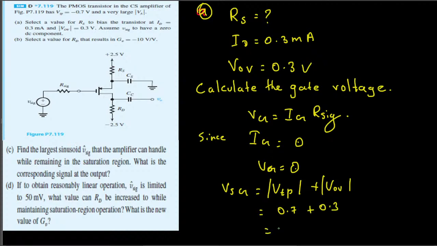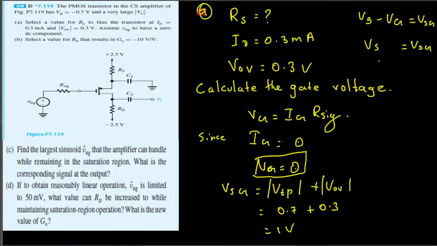Altogether it makes 1 volt, and we solved Vg to be 0. Vsg is basically Vs minus Vg, so Vs minus 0 is equal to vsg. Therefore, if vsg is 1 volt, then Vs is also 1 volt.